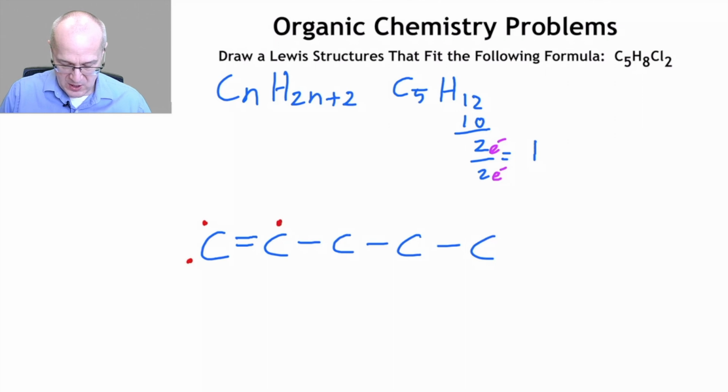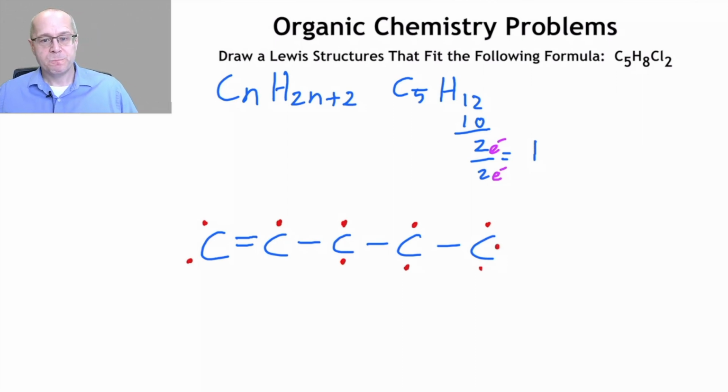Again, these dots are just placeholders telling me that I need to make bonds here and better not forget. Okay? All right, so far, so good. I've got 5 carbons, so I can get rid of this.